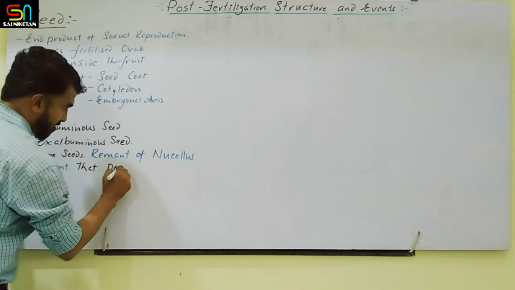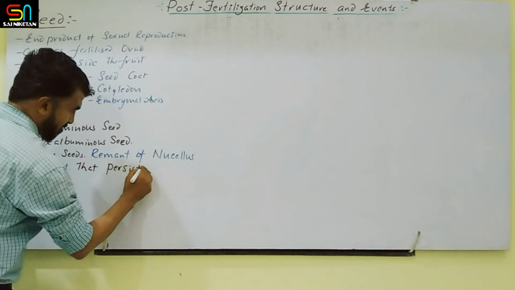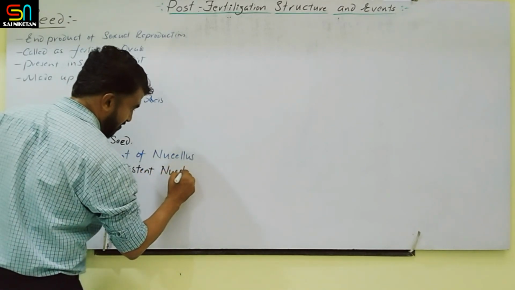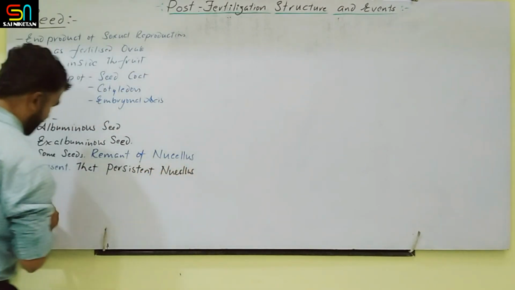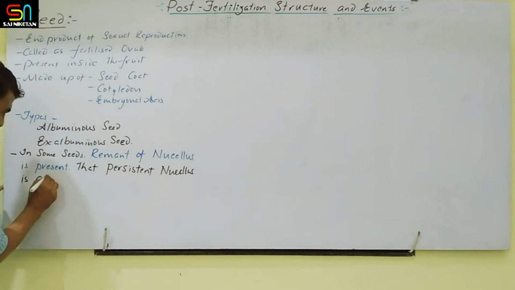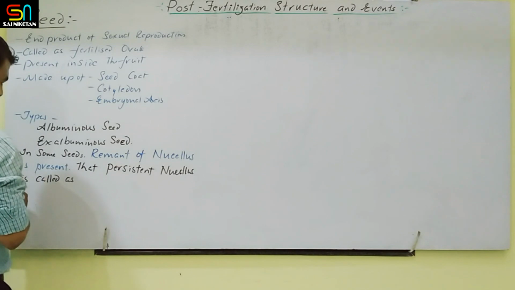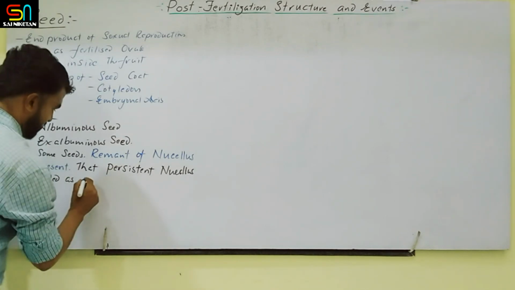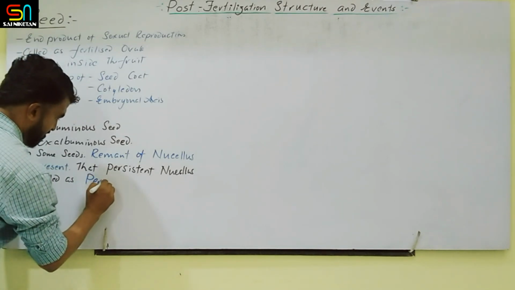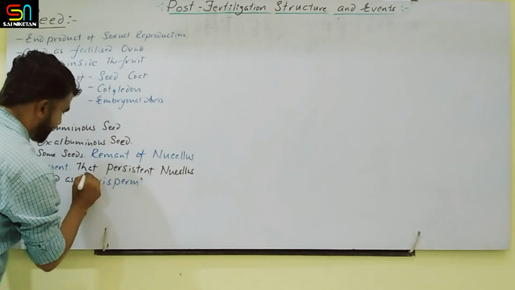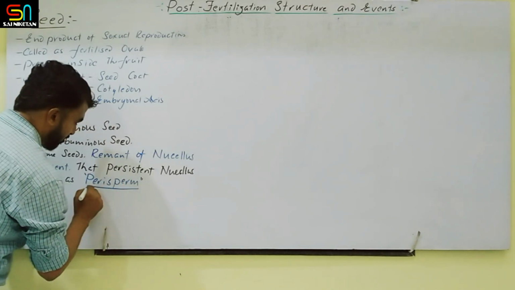That persistent nucellus is called as perisperm. Try to remember these terms.